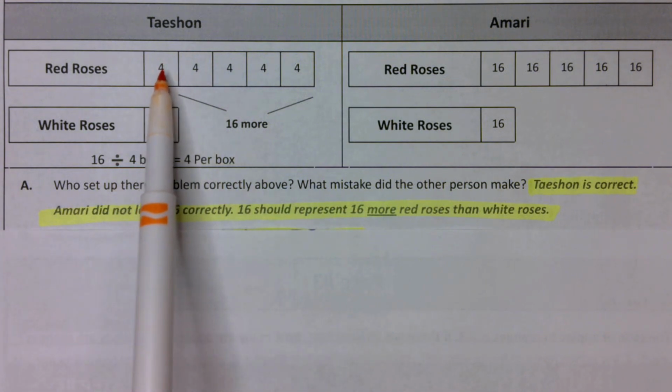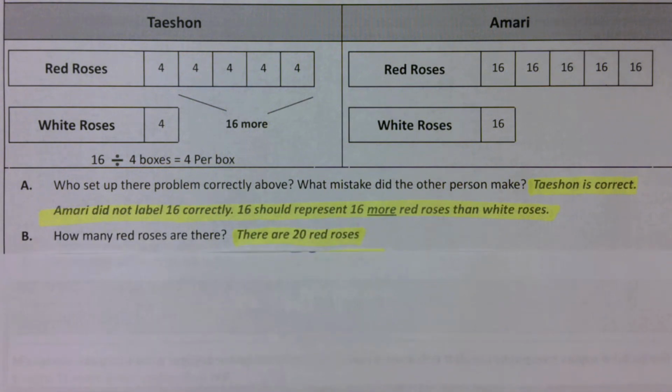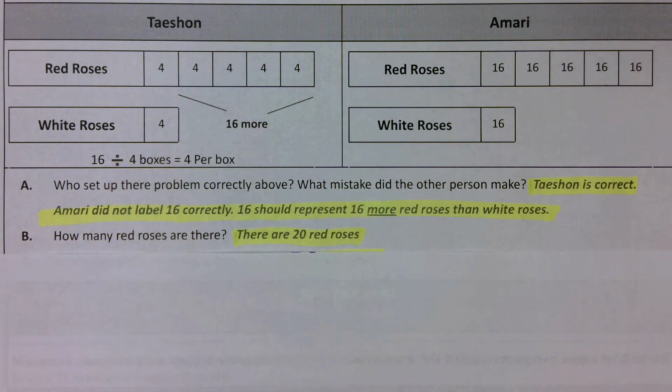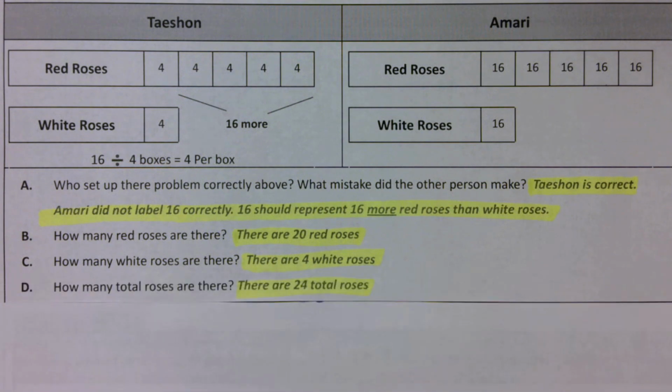Well, we could add all of our 4s together or do 4 times 5 to get 20 red roses. How many white roses are there? Well, we just have 1 box of 4, so there's just 4 white roses. And then how many total roses are there? Total is a keyword for addition, and 20 plus 4 is 24 total roses.